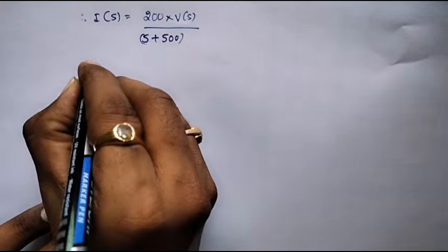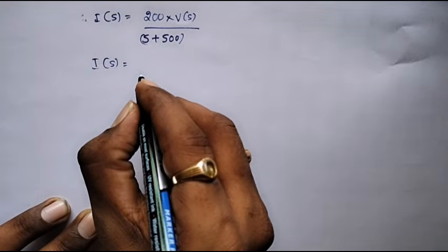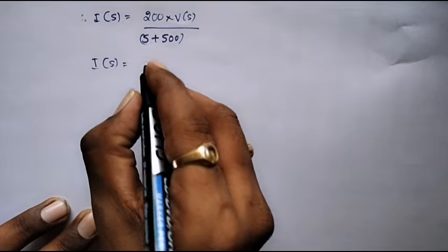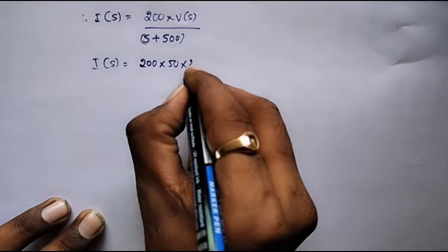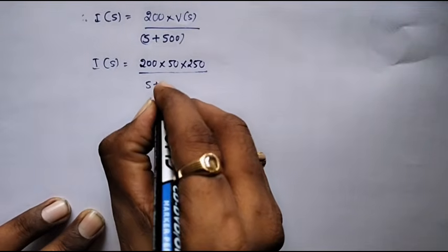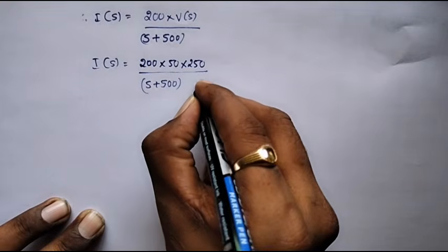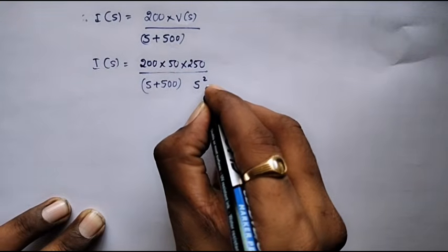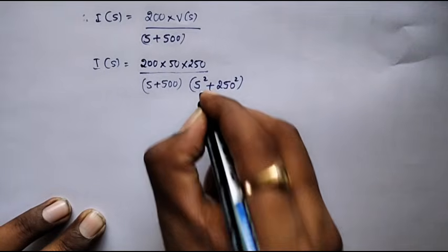Now I'll substitute the value of V(s), that is 200 into 50 into 250 divided by s plus 500, which is as it is, and another denominator of V(s) is s square plus 250 square.